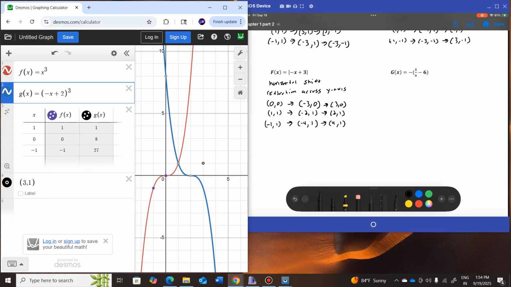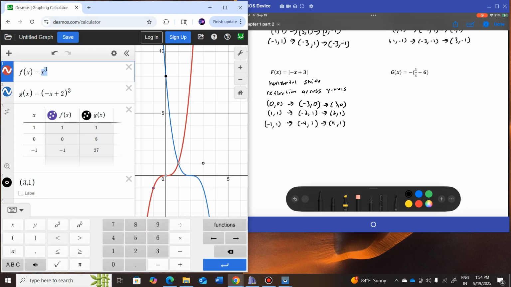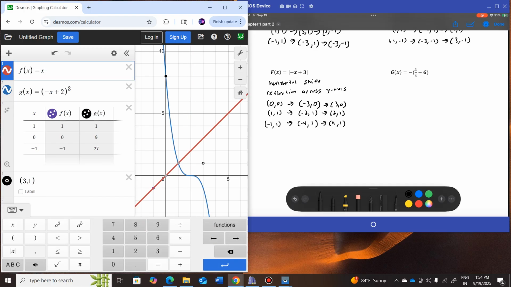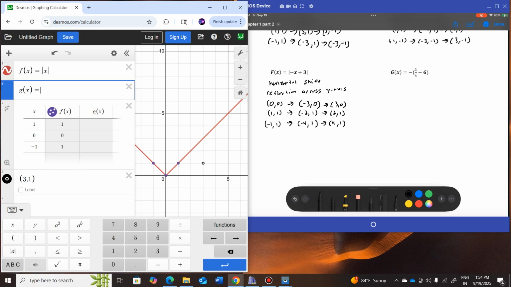Alright, so let's do this. Absolute value of x, and then absolute value of (-x + 3).